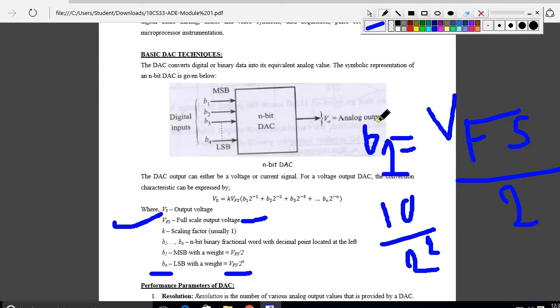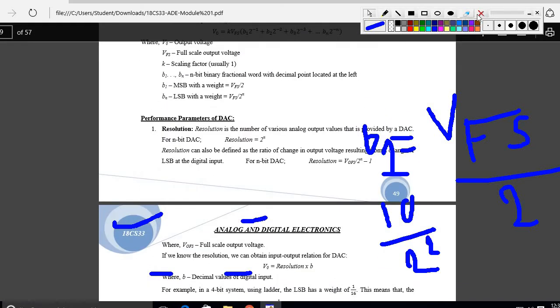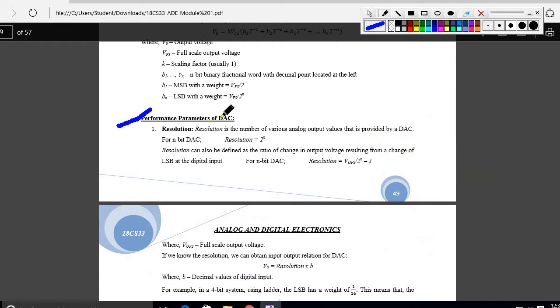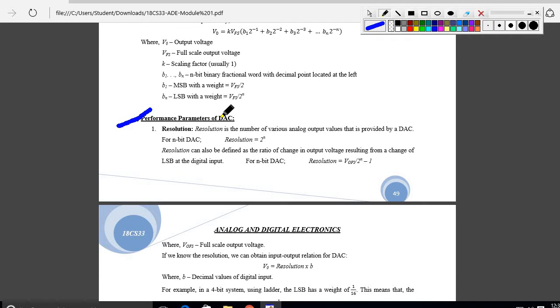Okay, the next is resolution. So what does resolution mean? There are some performance parameters of a DAC, and the first concept is resolution. Resolution is the number of various analog output values provided by the DAC.